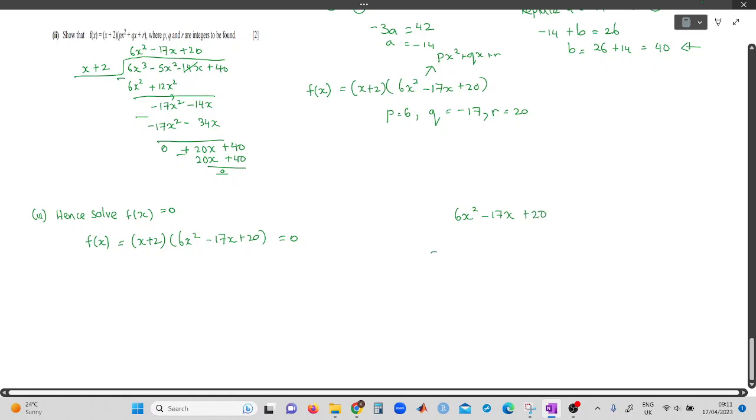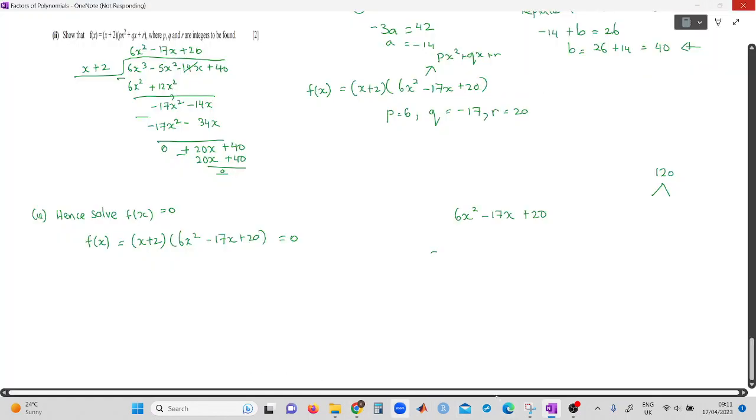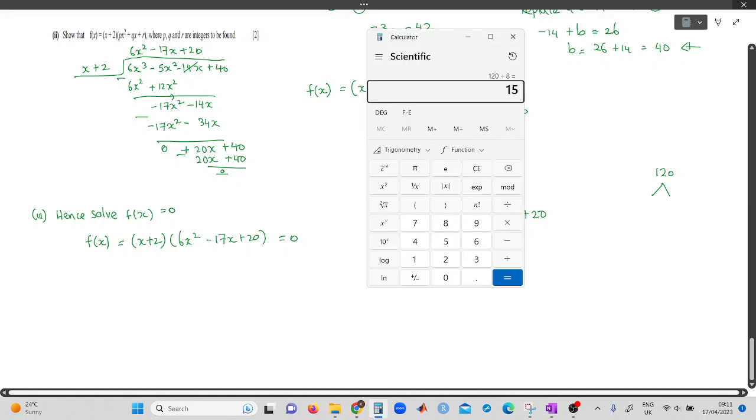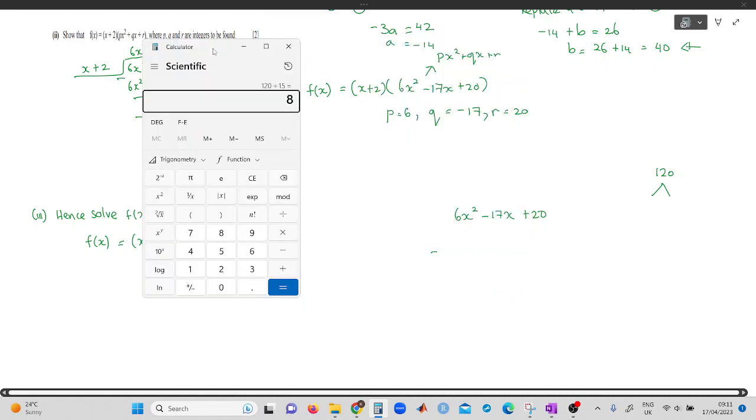So, okay, let's check. 6 times 20, we have 120. Is there a factor pair of 120 that adds up to 17? 120 divided by 8 is 15, that doesn't give 17. 120 divided by 5 is 24, no. 120 divided by 12 is 10. 120 divided by 15 is 8.